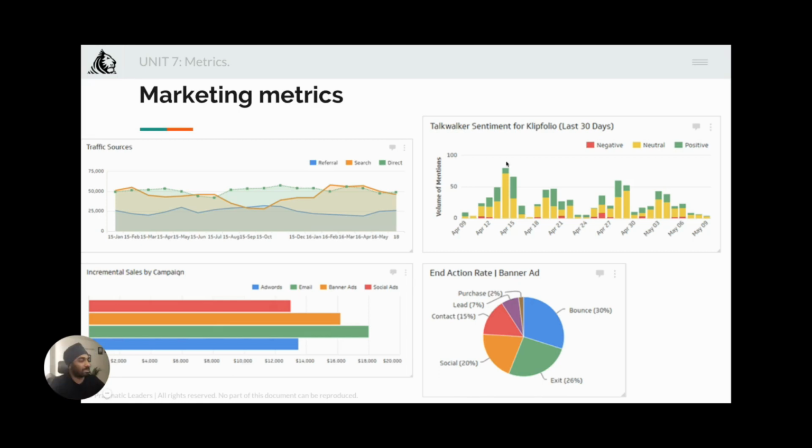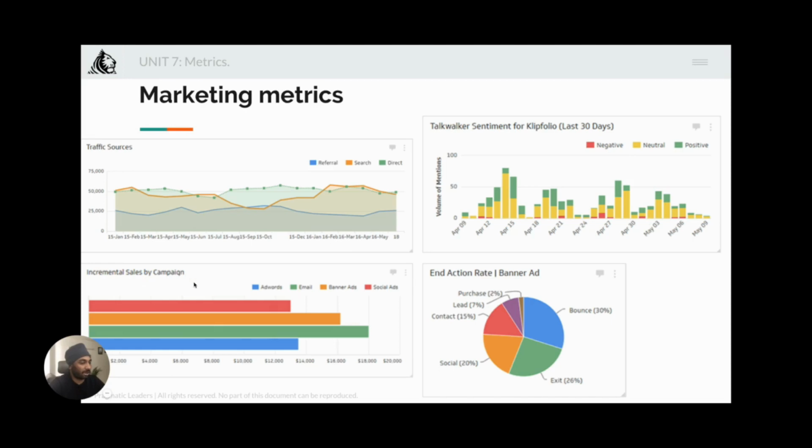Something similar we can do in social media mentions if you're the marketing guy, right? Whether the mentions are all positive or negative or neutral. And you can see that there's a lot of neutrality all around, and there's a little bit of green at the top, and slowly the mentions are only declining. Initially, the mentions were quite a lot in April 15th, then by May, the number of mentions have dropped a lot.